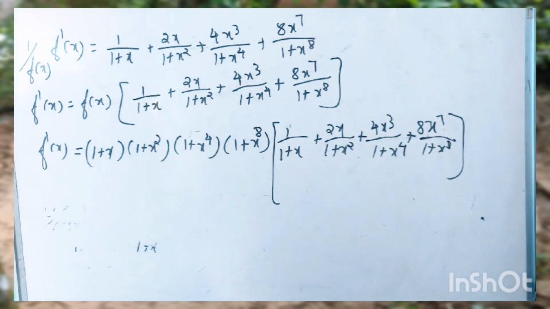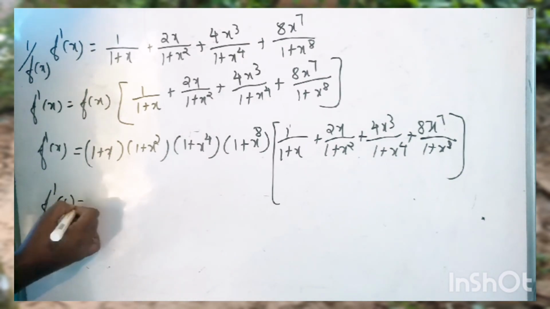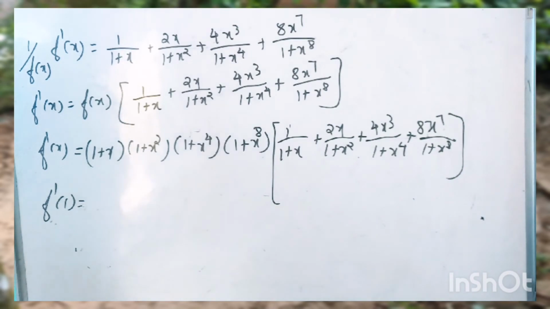We got the derivative. Now we need to find out the value of f dash of 1. That means just replace all your x by 1.